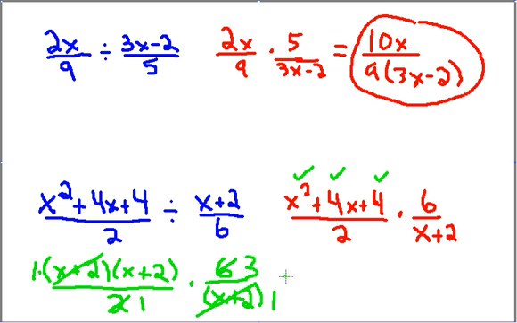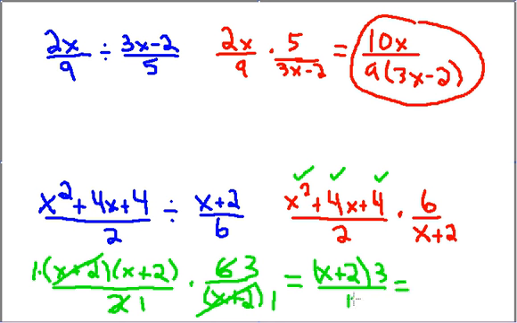We can now go ahead and perform the multiplication. 1 times x plus 2 is x plus 2 times 3. So we have x plus 2 times 3 on top, and on the bottom we have 1 times 1, which is 1. So our answer here is x plus 2 times 3.